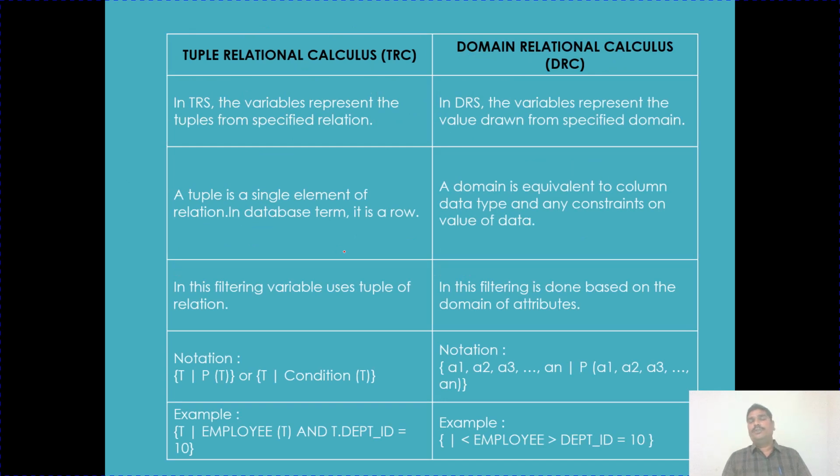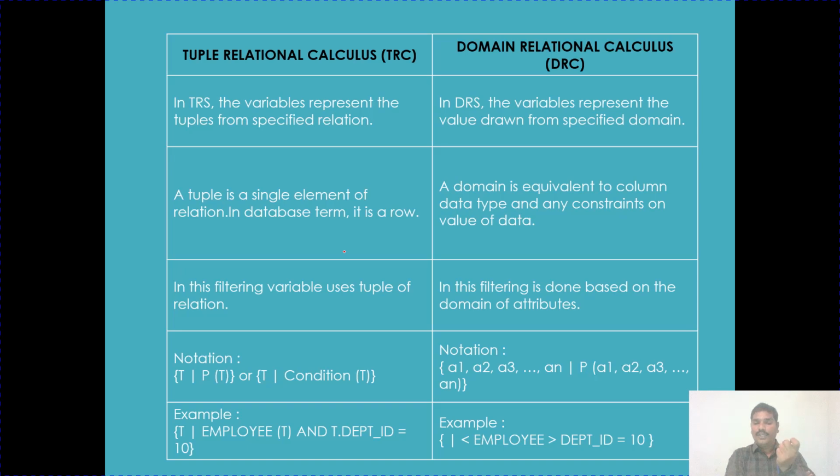These are the main differences. Suppose they are asked several times in external examinations. See the differences: in tuple relational calculus, the variables represent the tuples from specified relations. In domain relational calculus, the variables represent values drawn from a specified domain. That is the first difference. The second difference: a tuple is a single element of a relation in database terms, that is, a row.